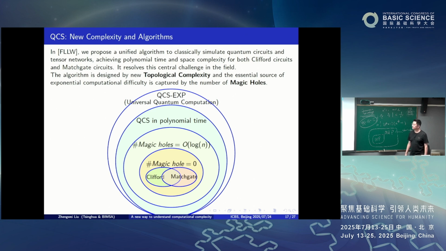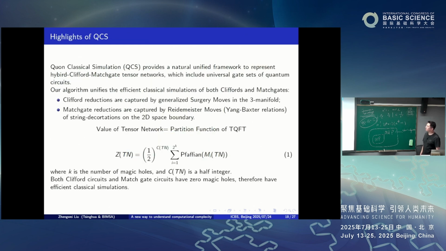Essentially, given any tensor network, we first translate it to the QL language. We get this 3-manifold, and then we compute those values. The value of the tensor network becomes the partition function of the 3-manifold with defects on the boundary.